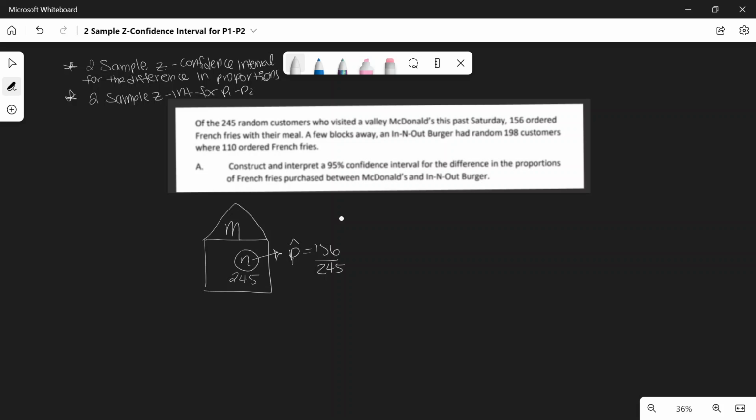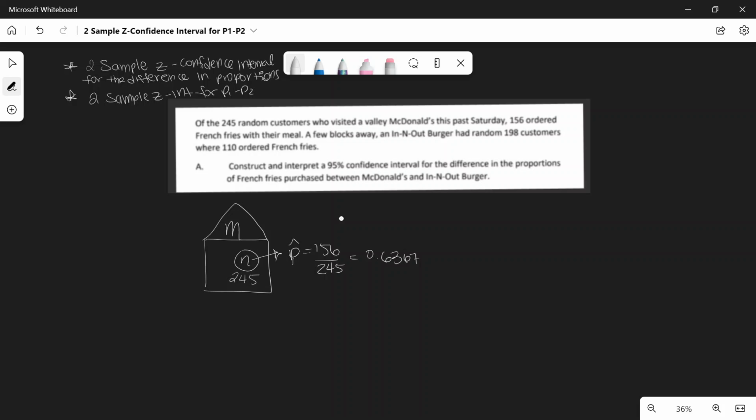Because 156 out of the 245 customers in the sample actually ordered fries with their meal. So 156 divided by 245 is 0.6367. So that's your point estimate of the customers who ordered French fries with their meal for McDonald's.